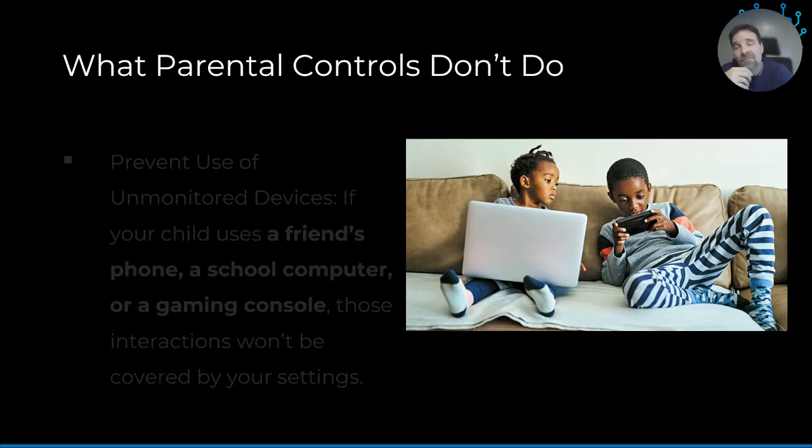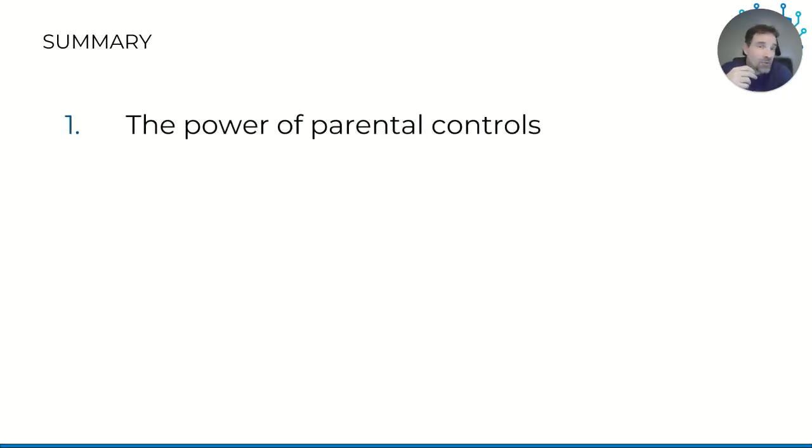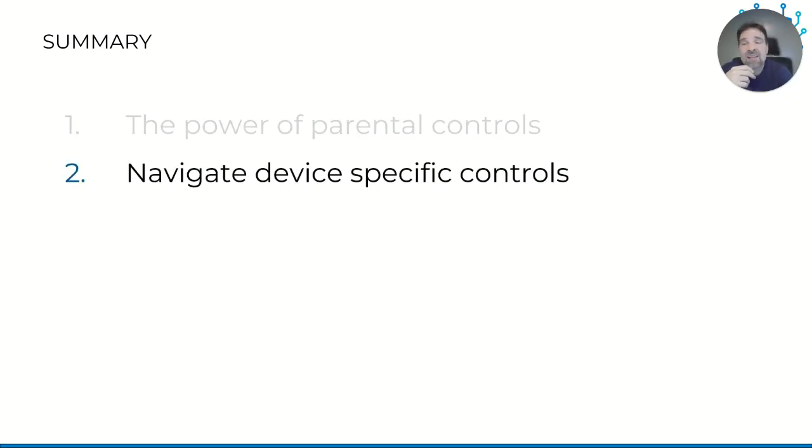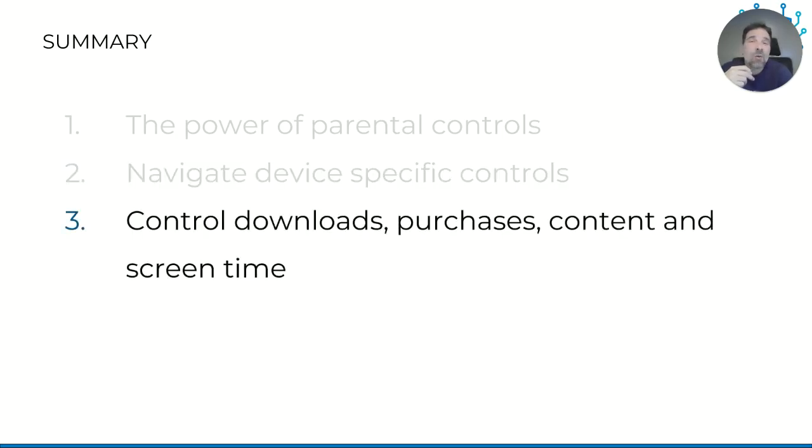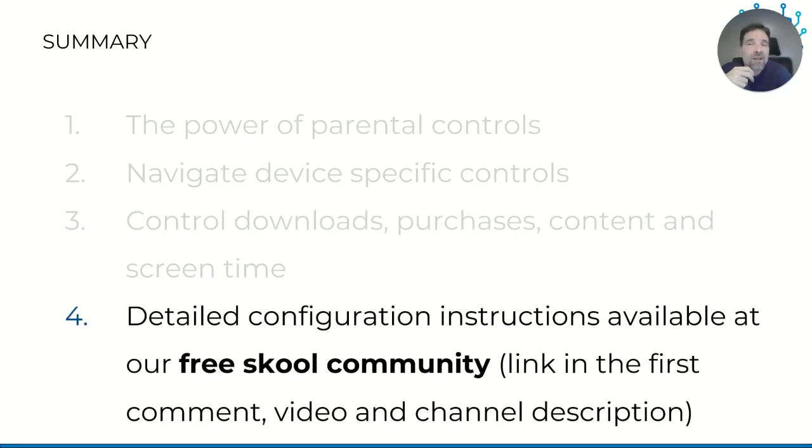And that's it for our last lesson this week. So now we know the power of parental controls. We understand how to navigate device-specific controls. We know that we can control downloads, purchases, content, and screen time. And you should control all of these.